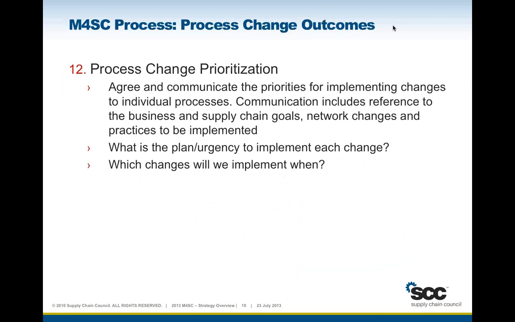Then the last is basically looking at the outcomes. What are the priorities, the urgencies, if you will, of these changes? Potentially a process management activity can develop a large amount of changes.